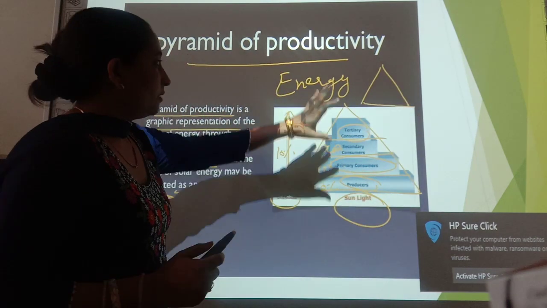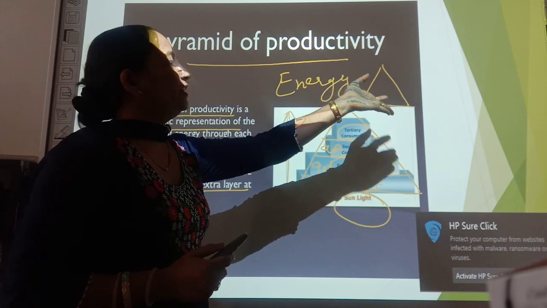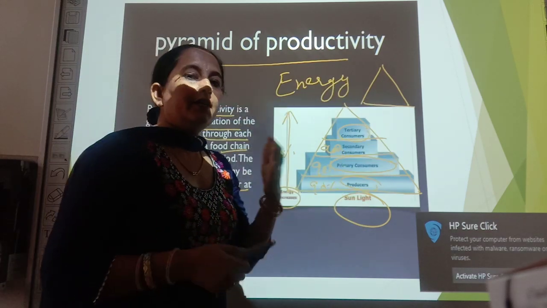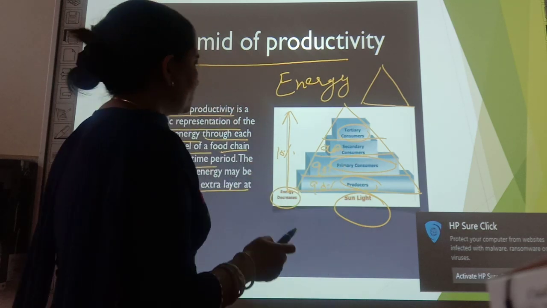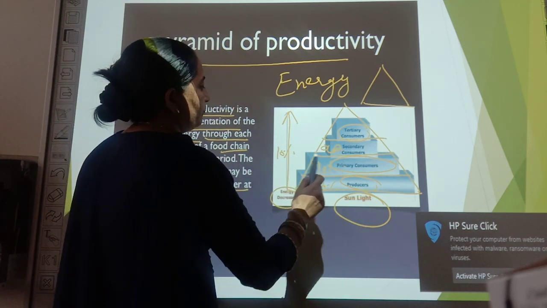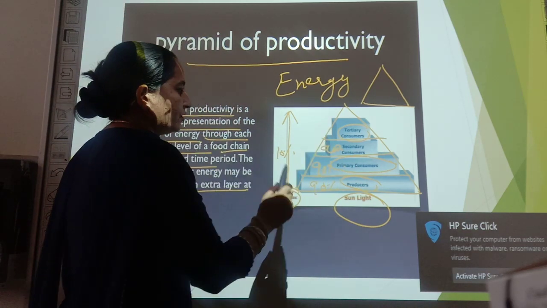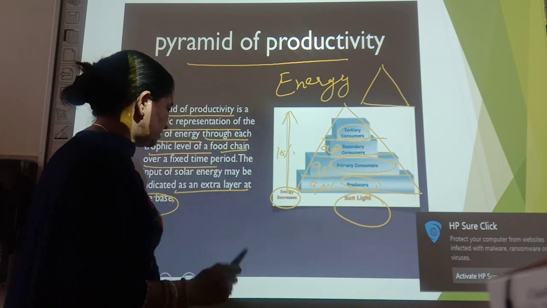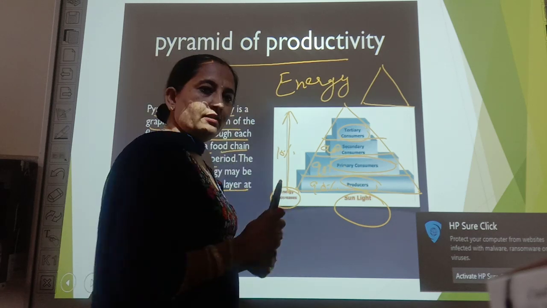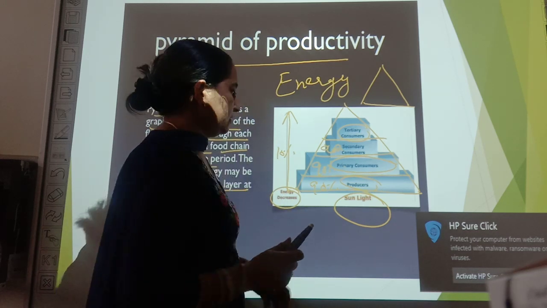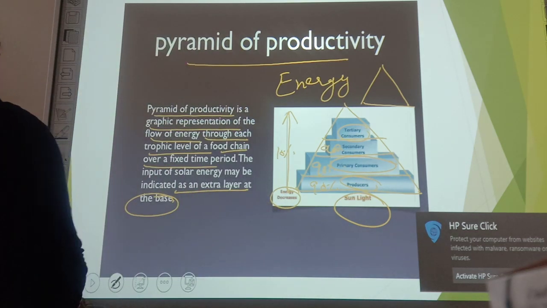So the pyramid of energy is always upright. It can never be inverted and it can never be spindle in shape. So the flow of energy from each level is only 10%. This law was given by the scientist Lindemann, who gave the 10% law of energy flow in an ecosystem.